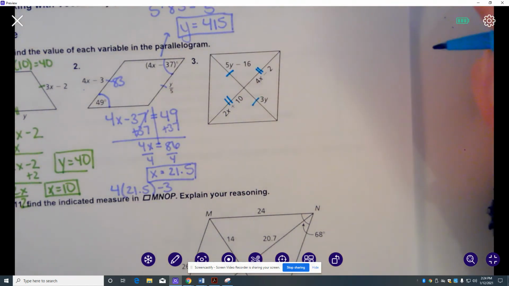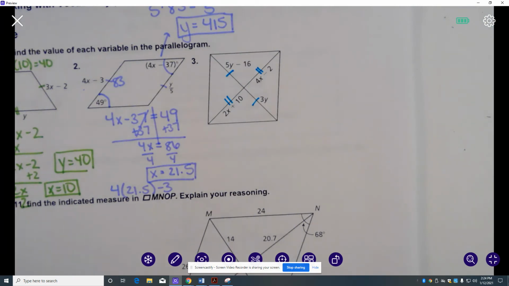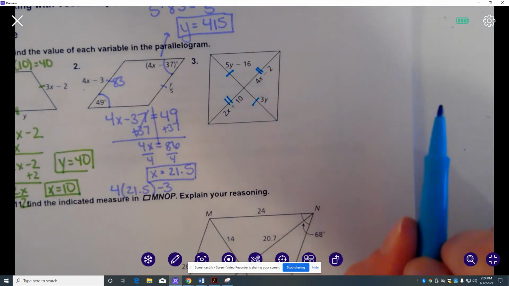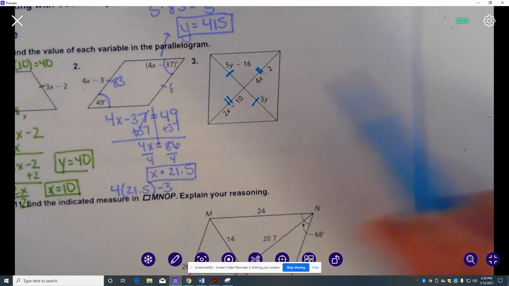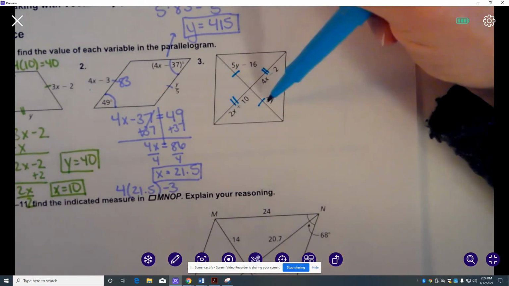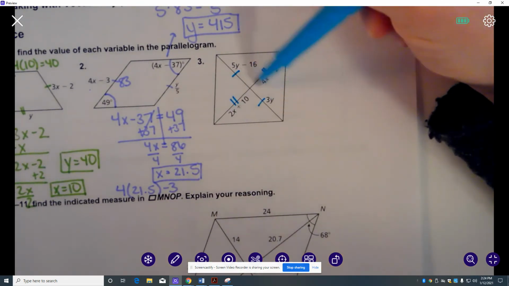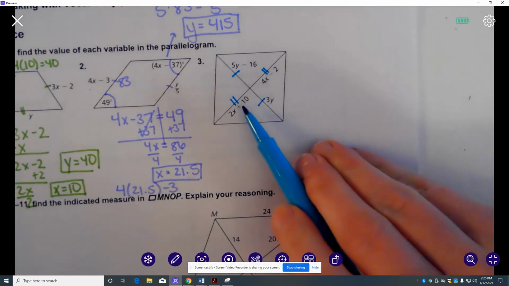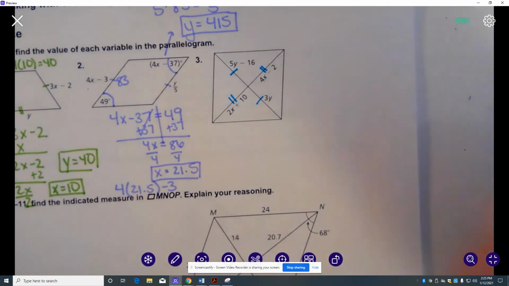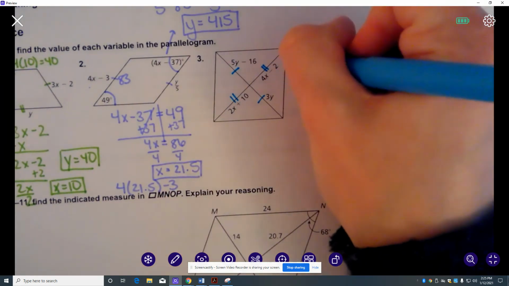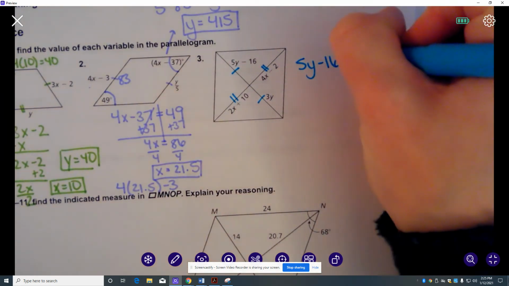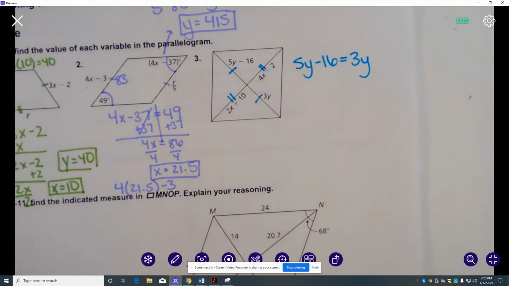This is going to help me set up some equations. I don't really have to worry about doing this in a particular order because there'll be one variable in that equation, and using these lengths, there'll be one variable in this equation. So I know that 5y minus 16 must be equal to 3y. That's one equation we need to solve.